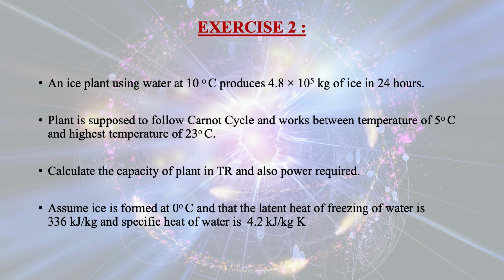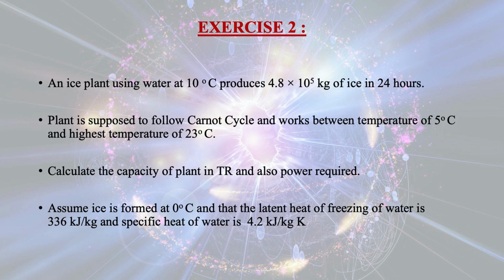Now let us take up another problem. An ice plant using water at 10 degrees centigrade produces 4.8 into 10 to the power 5 kg of ice in 24 hours. Plant is supposed to follow Carnot cycle and works between temperature of minus 5 degrees centigrade and highest temperature of 23 degrees centigrade.